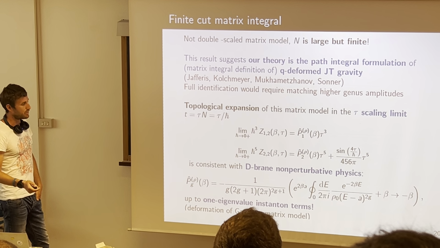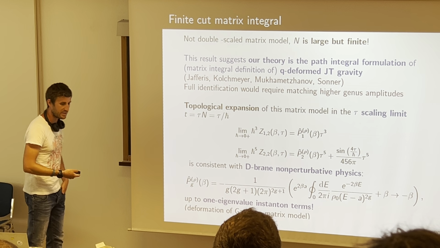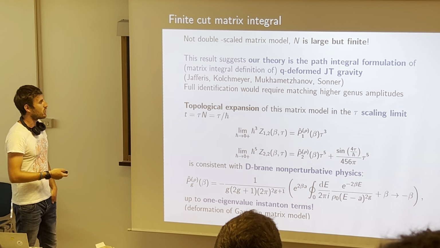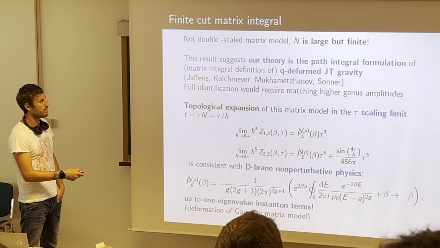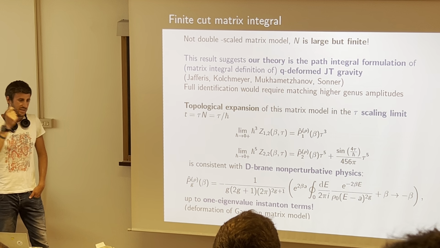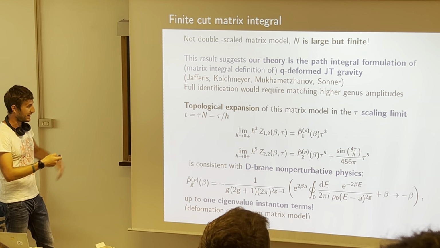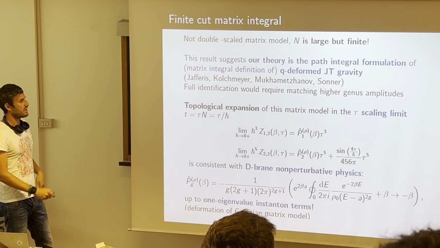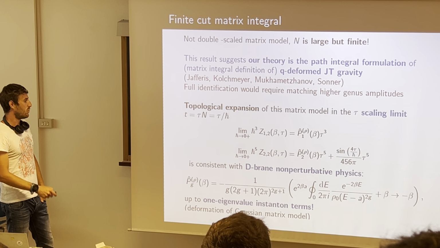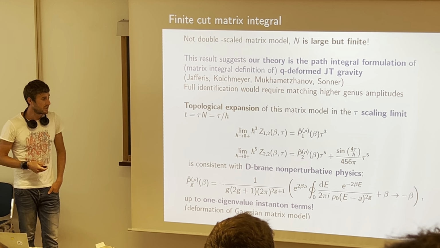But of course, you may ask, okay, but a full identification like it happened in JT gravity between our theory and this matrix model would require to compute the path integral of sine dilaton gravity on some higher genus topologies, like for instance the disk at genus 1, the disk at genus 2, I don't know, and then to match at least some topologies to make the claim. But okay, this is something that we are still working on, so it's still an open question. But what we have done is a consistency check, which I think is promising.